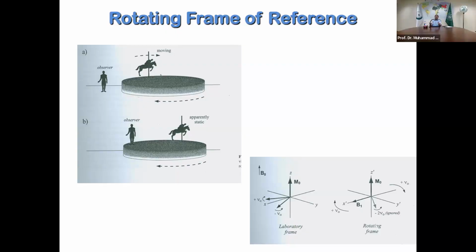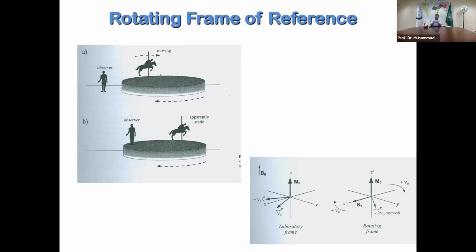The second pulse experiment is something which will come forward, but at this stage, we wanted to introduce you to the rotating frame of reference, and I hope that you would be able to read about it.